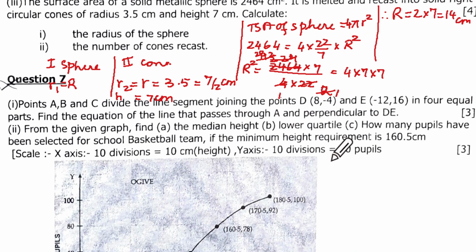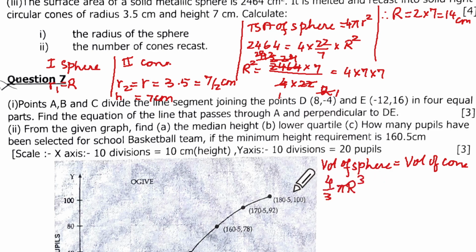Now it is melted. So volume of sphere is equal to volume of cone. What is the volume of the sphere? 4 upon 3 pi big R cube is equal to 1/3 pi small r square small h, correct?